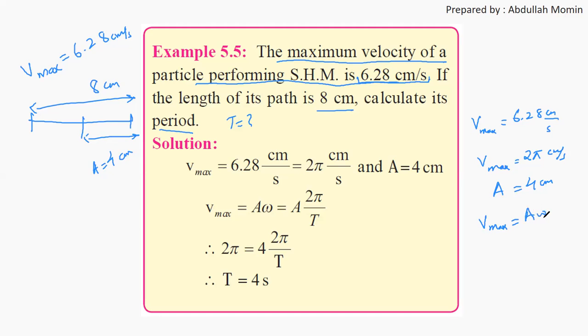So instead of omega, we will write 2 pi by T. So T can be written as A into 2 pi upon Vmax. So T can be written as A, that is 4, into 2 pi, and Vmax means 2 pi. 2 pi get cancelled, we will get 4 seconds.